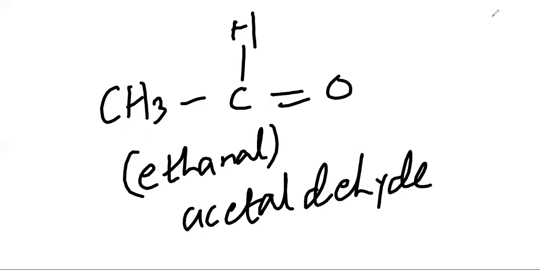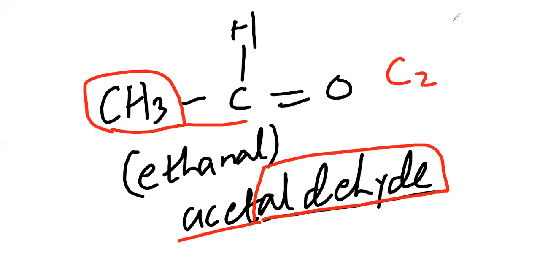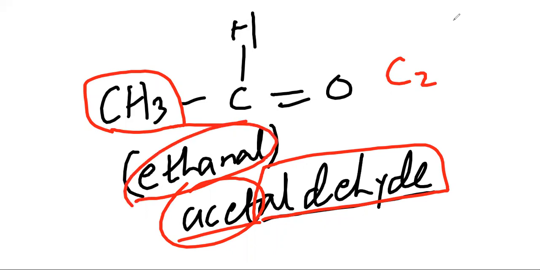Aldehyde is the name of the functional group, and "acet" is used because two C's are involved. This is why I use acetaldehyde, and ethanal is the name. When one H is involved, it's called formaldehyde. Acetaldehyde when two C's are involved.